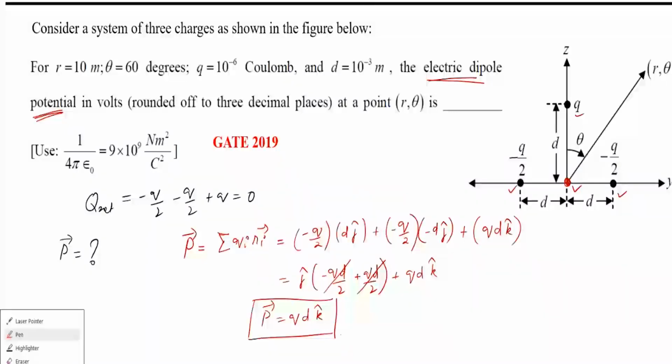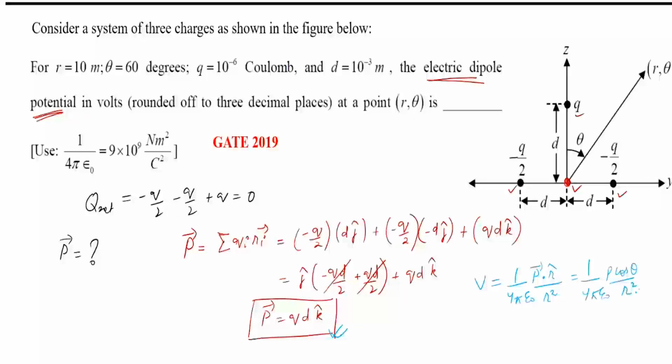If they ask for dipole moment, this is the answer, but they are asking for V. And do you remember the formula for dipole potential? It is P cos theta by R squared, but I'm writing the actual formula. Yes or no?